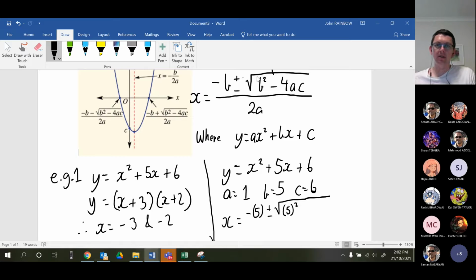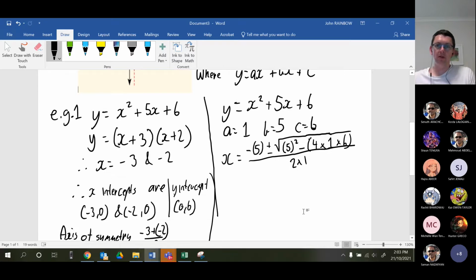If it's a negative number and you square it, it's positive. If it's a positive number and you square it, it's positive. Minus, then I tend to do this in brackets because sometimes you have a negative in there: 4 times 1, because that's the value of a, times the value of c, which is 6. That is my square root, and that is all over 2a, which is just 2 times 1.